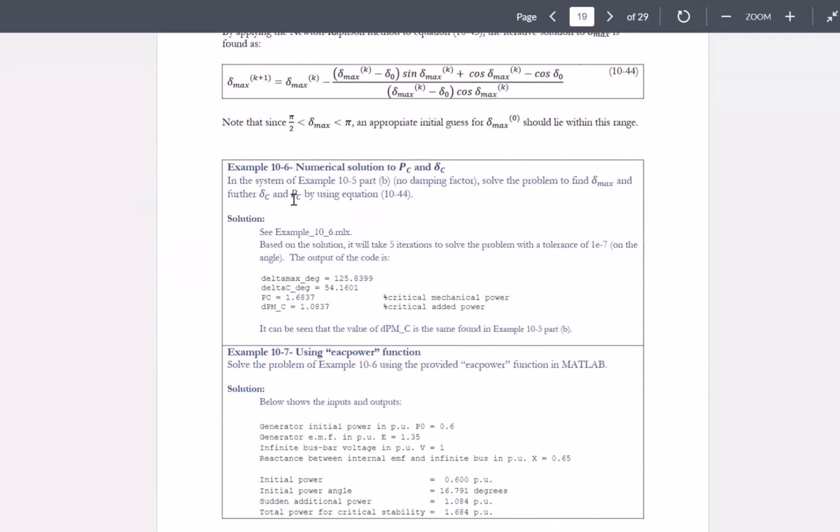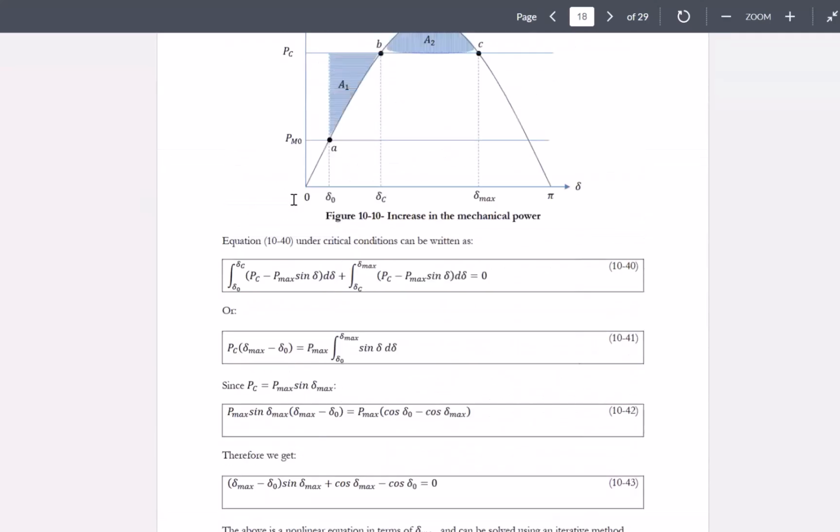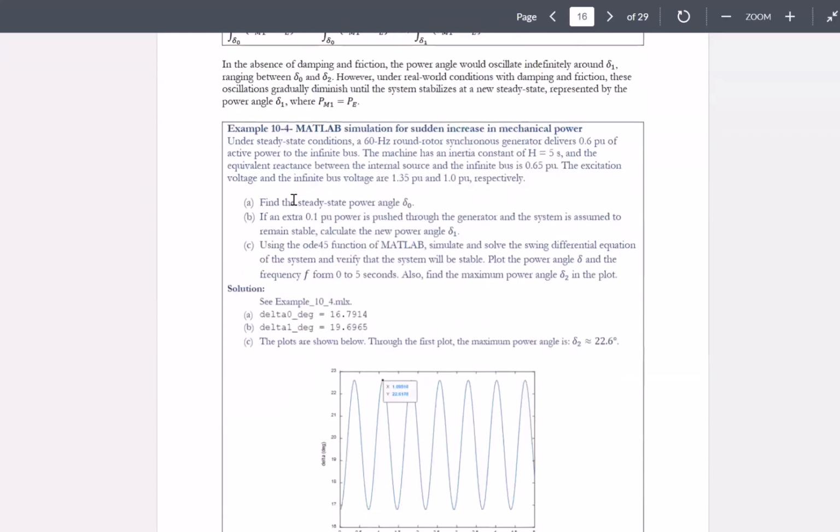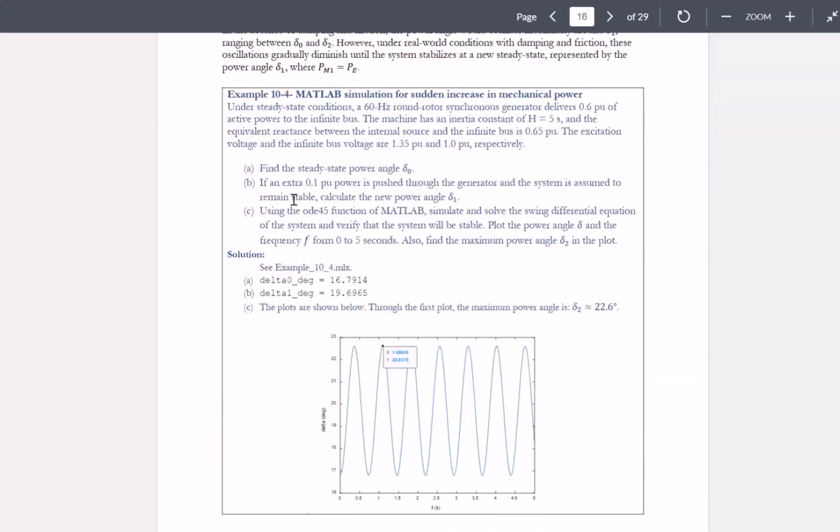So there was an example here, which has a system like this. Under steady state conditions, you have a 60 hertz round rotor synchronous generator, which is delivering 0.6 per unit of active power to the infinite bus. The machine has an inertia constant of H equal to 5 seconds.